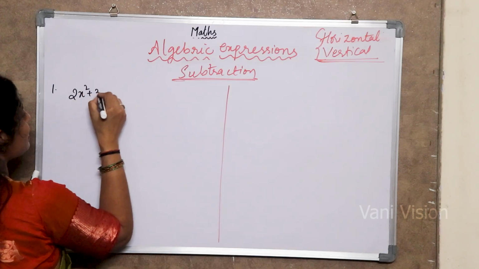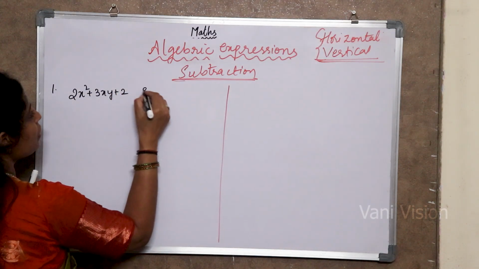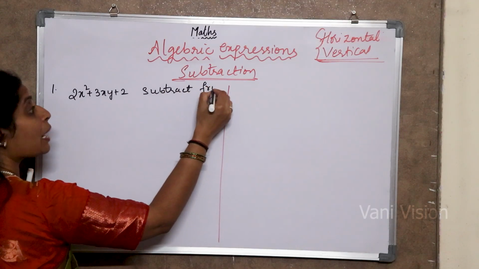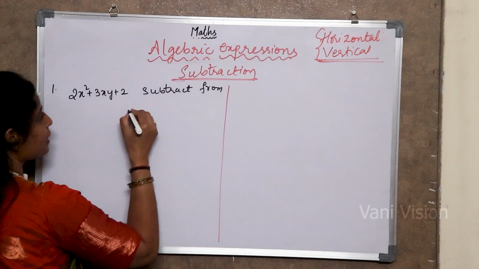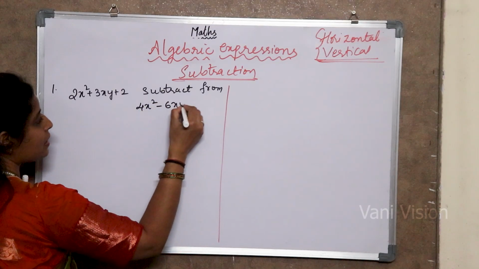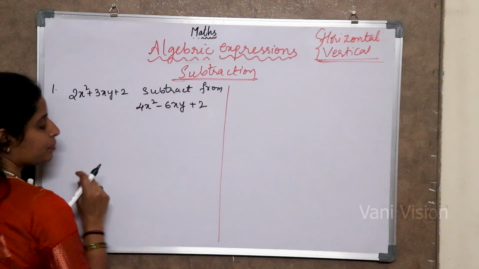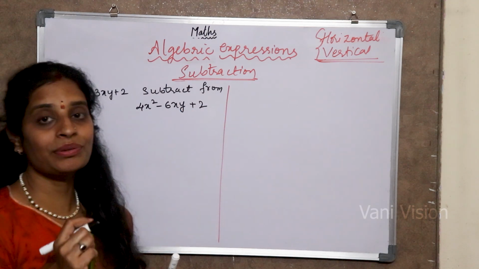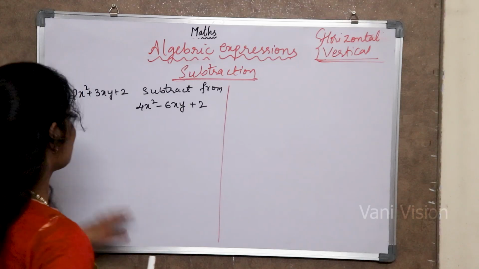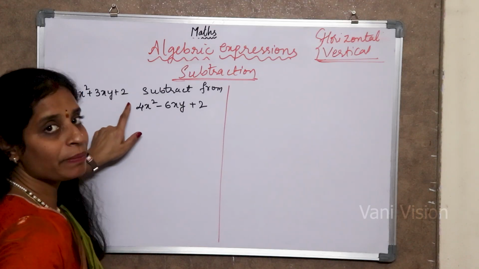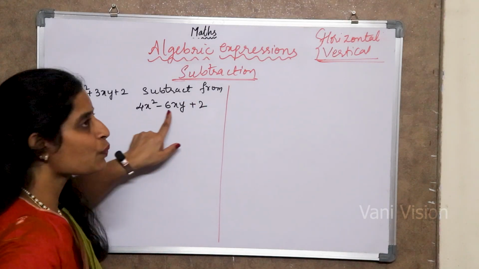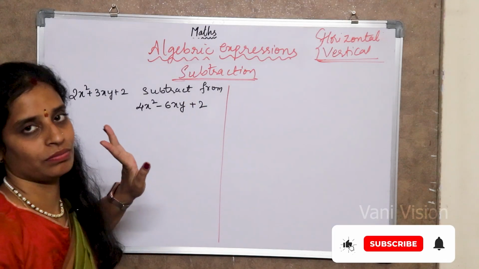2x square plus 3xy plus 2 subtract from, listen to the question properly, 4x square minus 6xy plus 2. What did they ask you? Read the question properly. So many will make a mistake here. 2x square plus 3xy plus 2 subtract from 4x square minus 6xy plus 2.